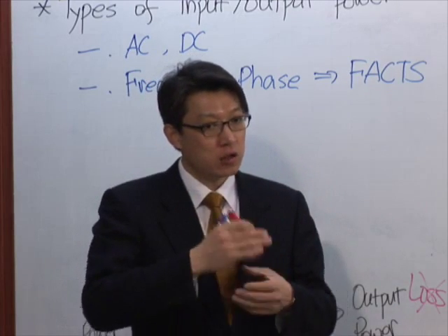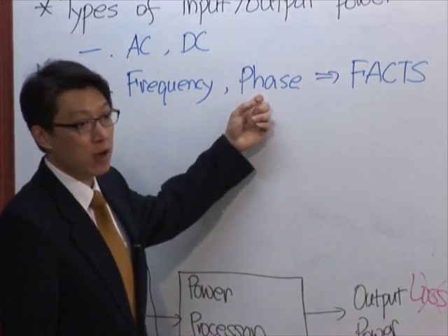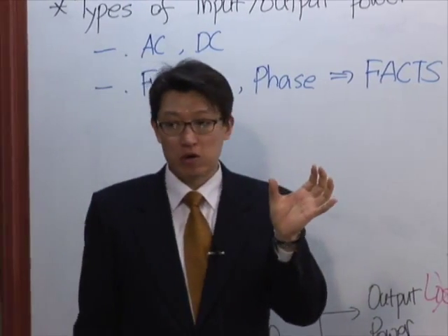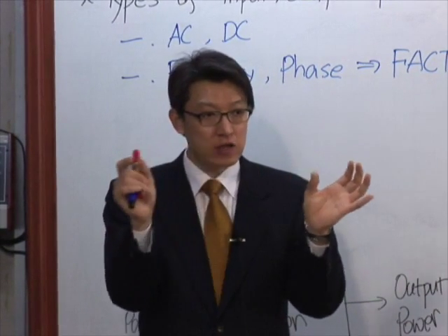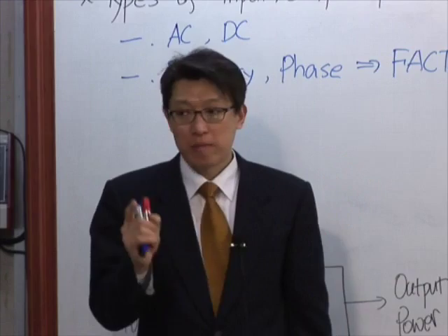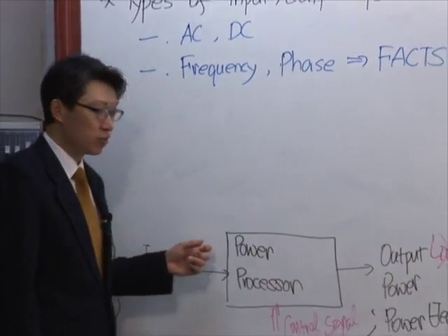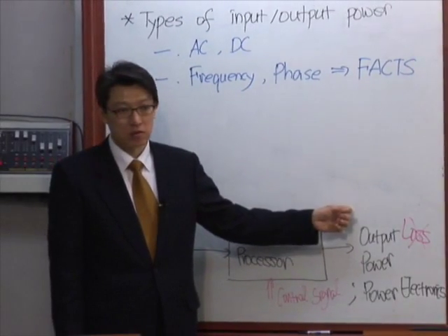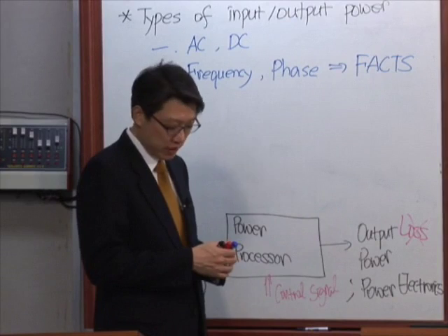For those power flow controlling units, phase is so important. Why? The power flowing between different points depends on the phase angle. So power electronics control the phase, maybe from phase 0 to some different phase. So, frequency and phase.